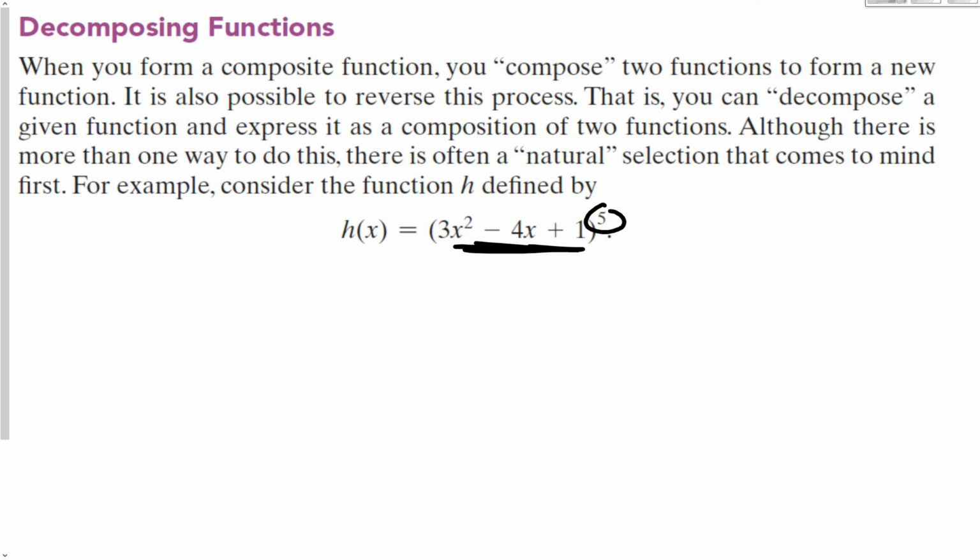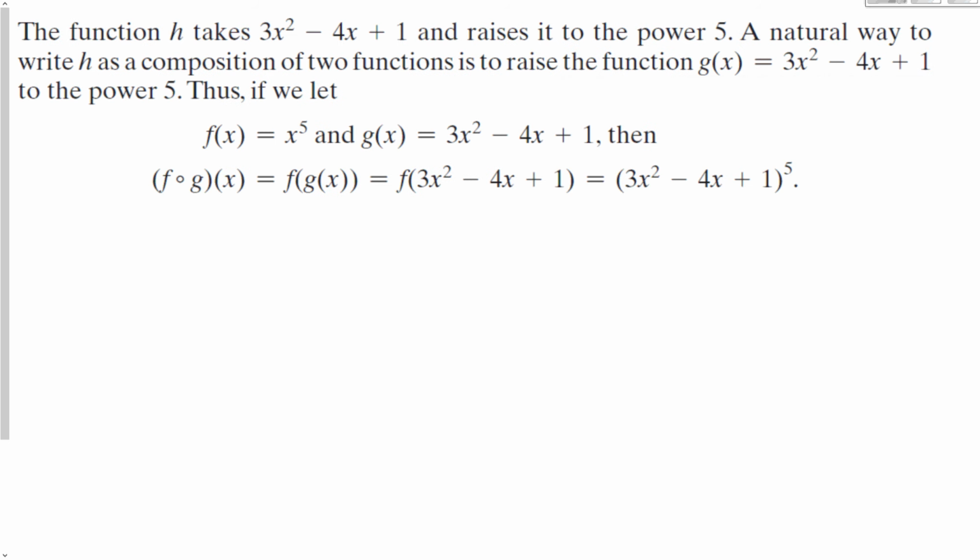Okay, so when you're decomposing functions, you basically want to look for x to a power and then some sort of algebraic expression. Okay, usually that's the easiest way to decompose a function.